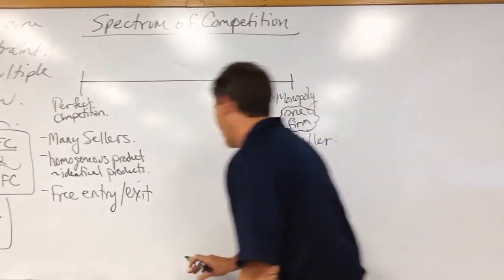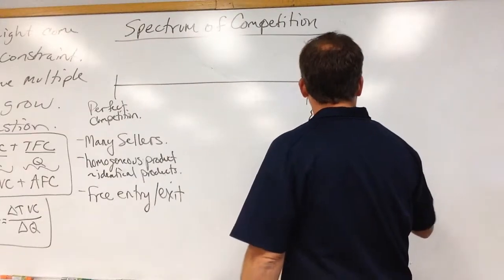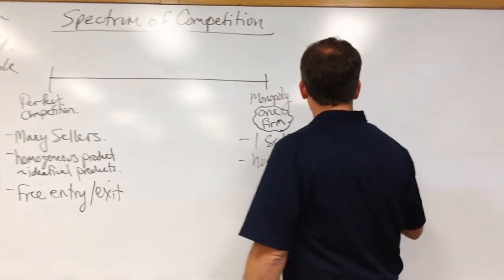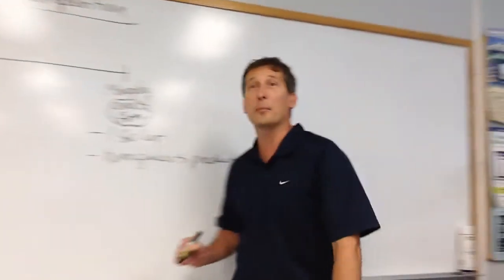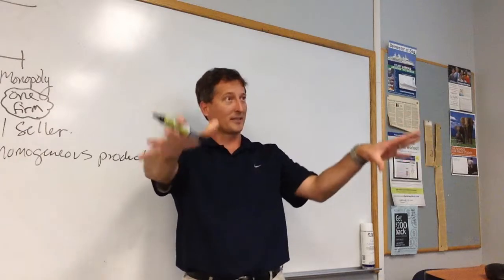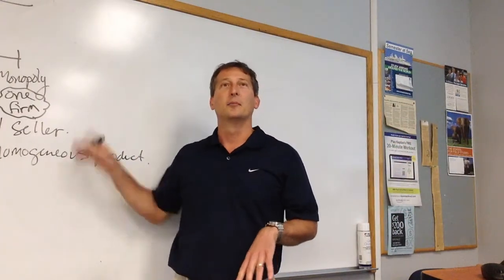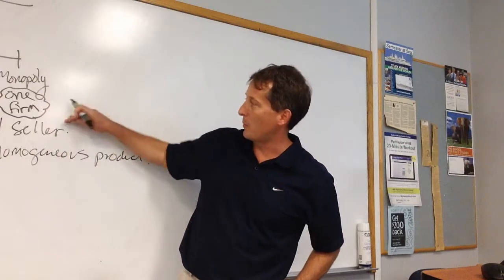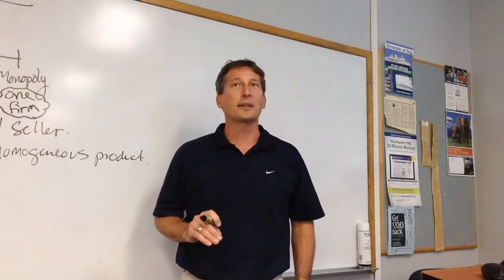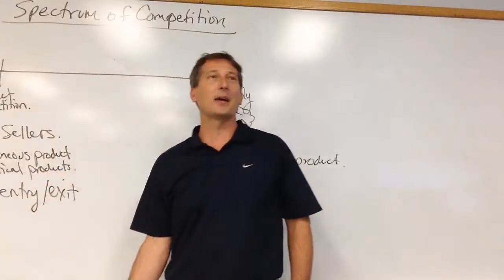By definition, since there's only one seller, and for now, we're going to talk about them just selling one product. There are such things as multi-product monopolists, so they might have a couple variations of products. But for this extreme, let's say we've got one seller selling one product, and then what do you think about this criteria when we have a monopoly?